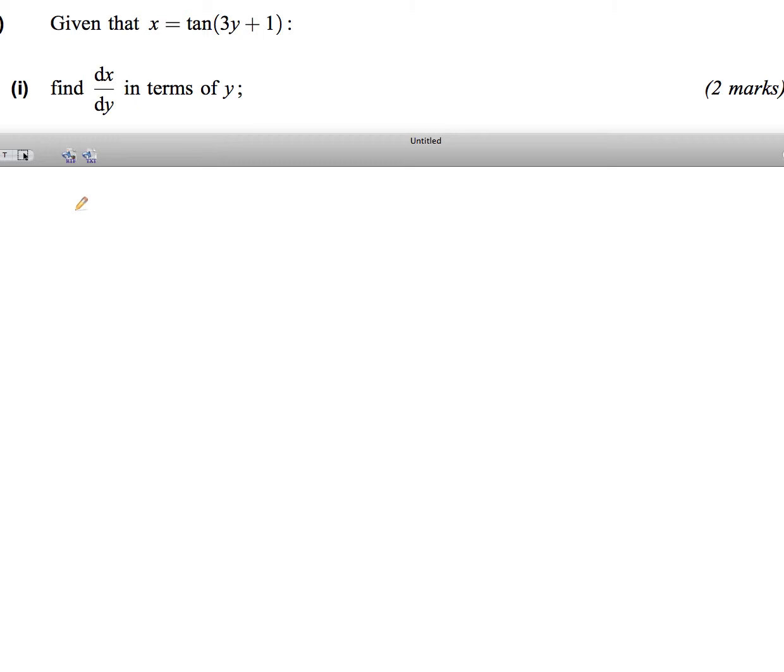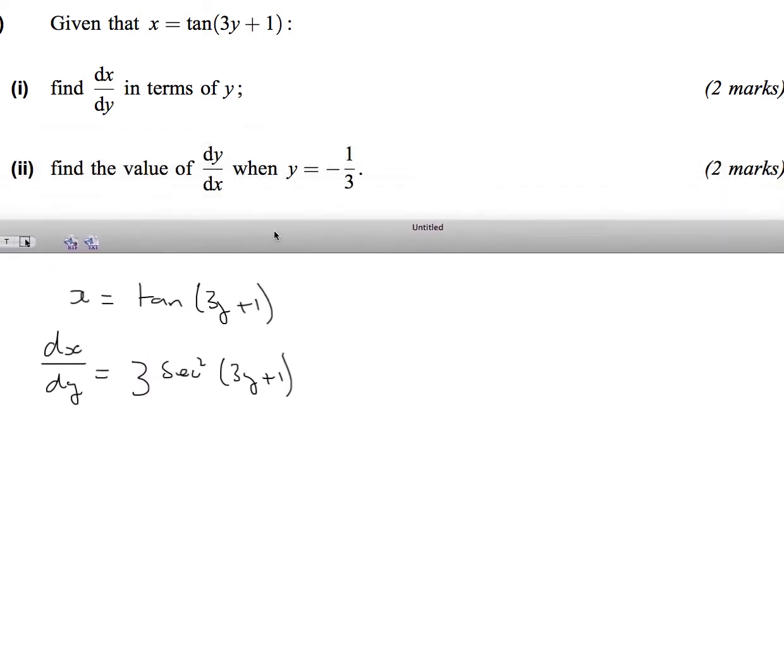So x is equal to tan(3y plus 1), so dx by dy is equal to sec squared (3y plus 1). That's in the formula book. The differential of this is 3, so the 3 goes in front. So that's the answer in terms of y.